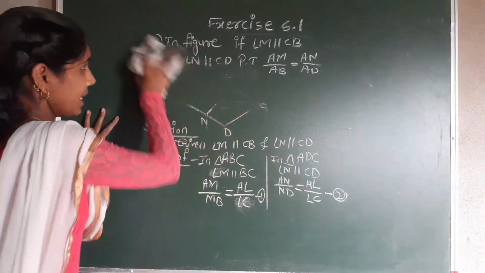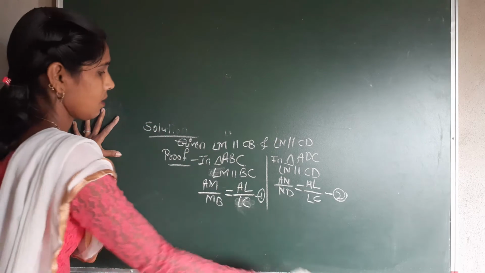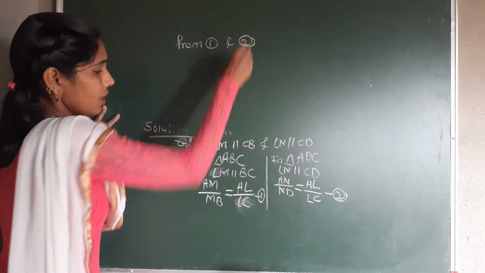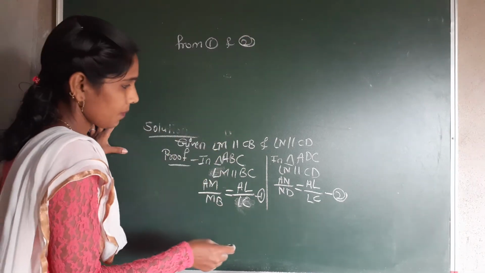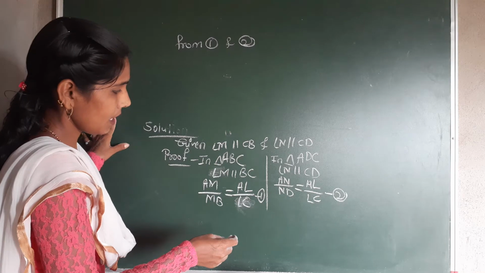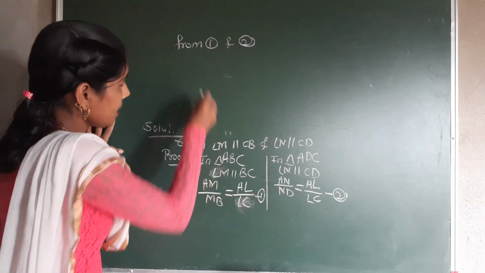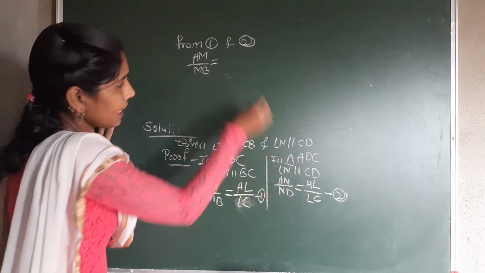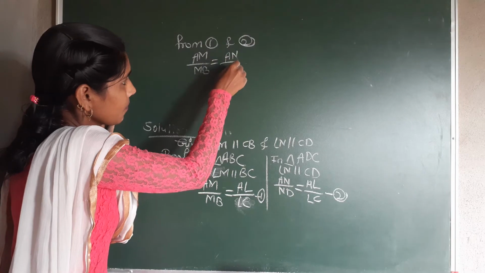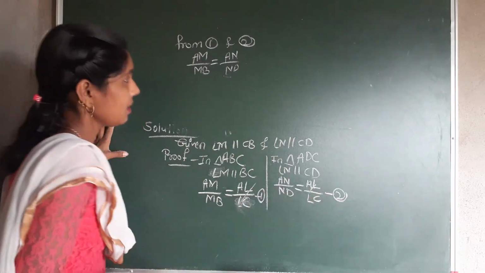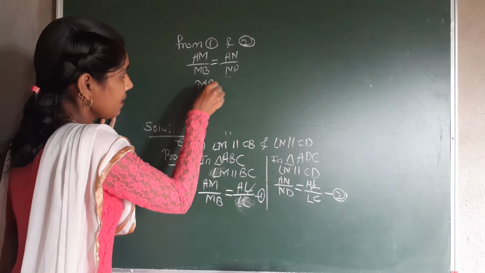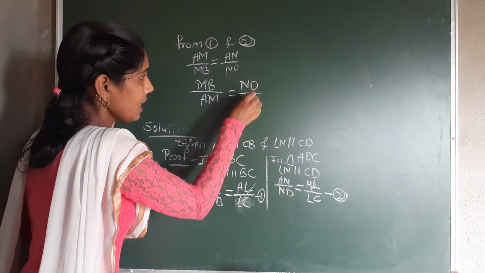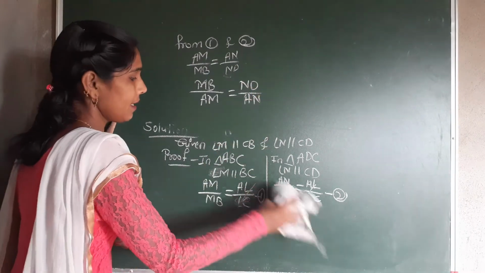From equation 1 and 2, AM divided by MB is equal to AN divided by ND. This will get cancelled. Now we can write MB divided by AM is equal to ND divided by AN. Add both sides 1.